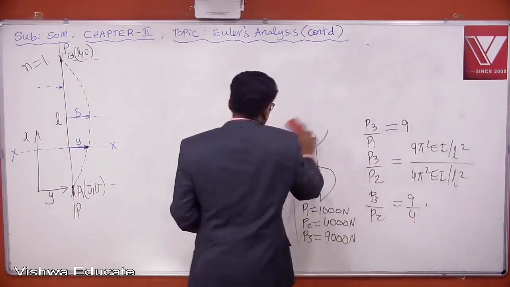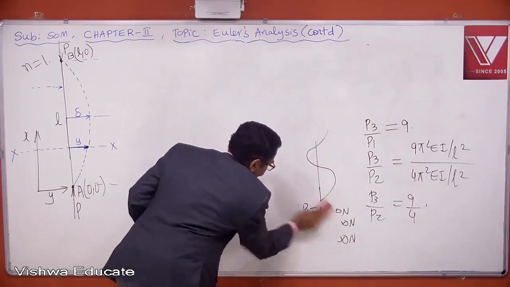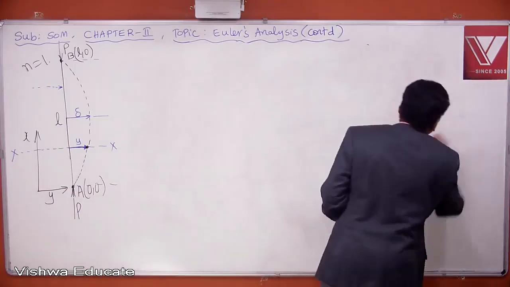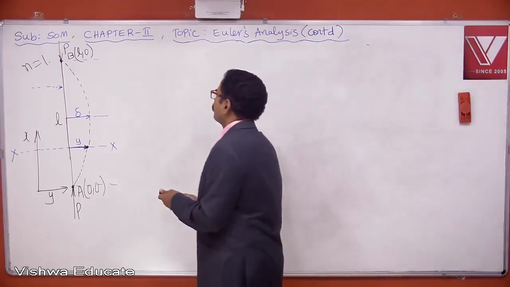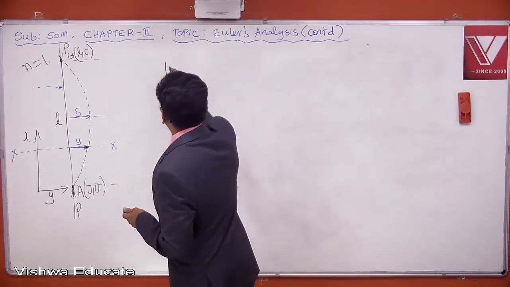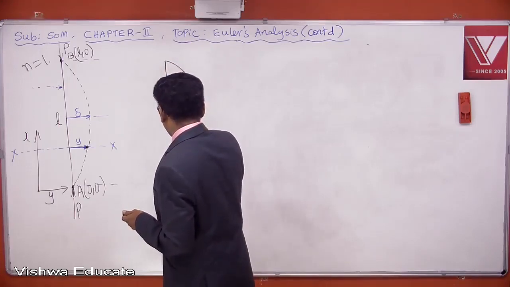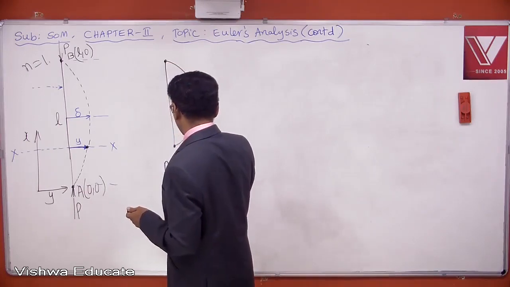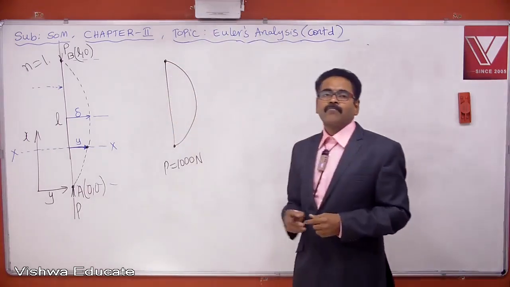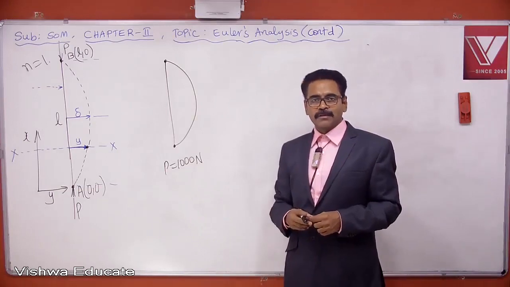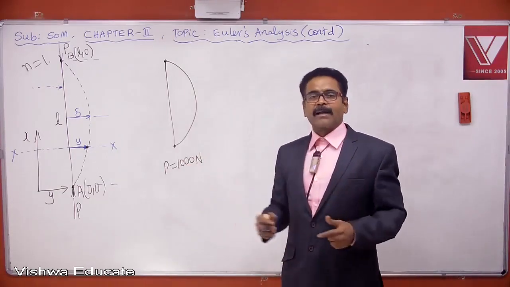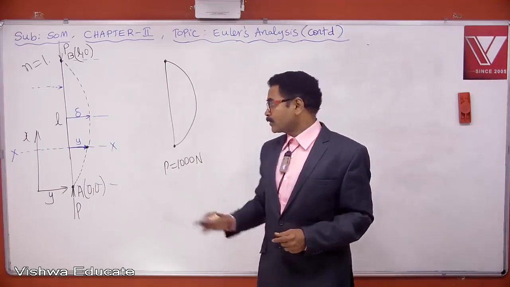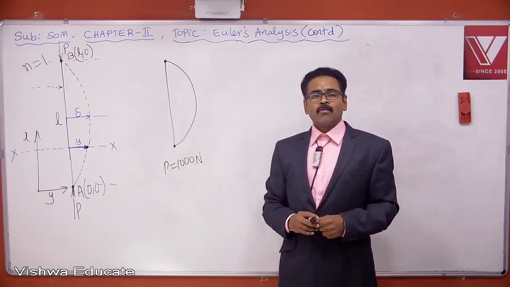The critical load of this column is 1000 newtons. If the same column is buckling in nth mode, what would be the critical load?